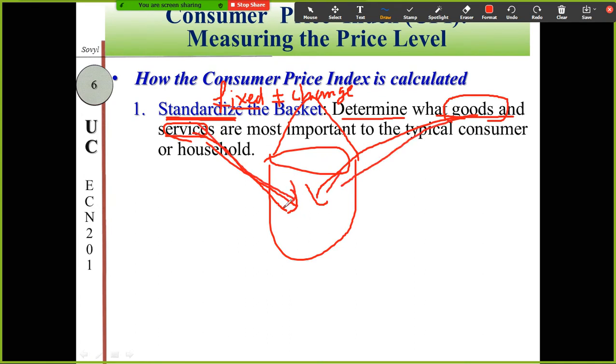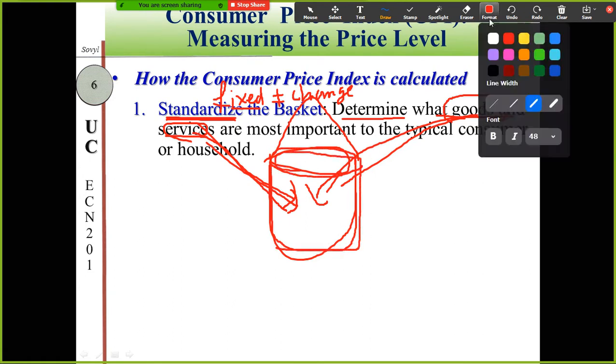Once they are in the basket, they cannot be changed. What does it mean cannot be changed? It cannot be changed in terms of quantity, and cannot be changed in terms of the types of goods or services. That's why these goods and services in the basket make this basket become standard, or fixed.